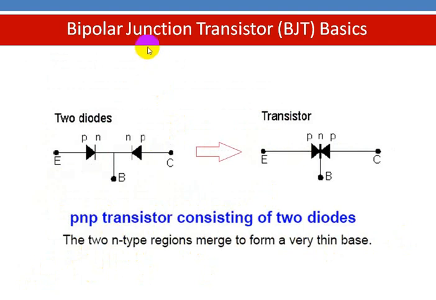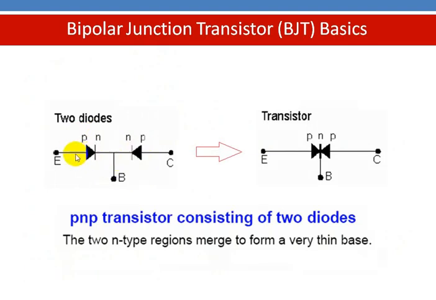And a bipolar junction transistor can be considered as two diodes connected back to back in series. For example, a PNP transistor is equivalent to this circuit. You can see the two diodes are in anti-parallel direction, connected in series.